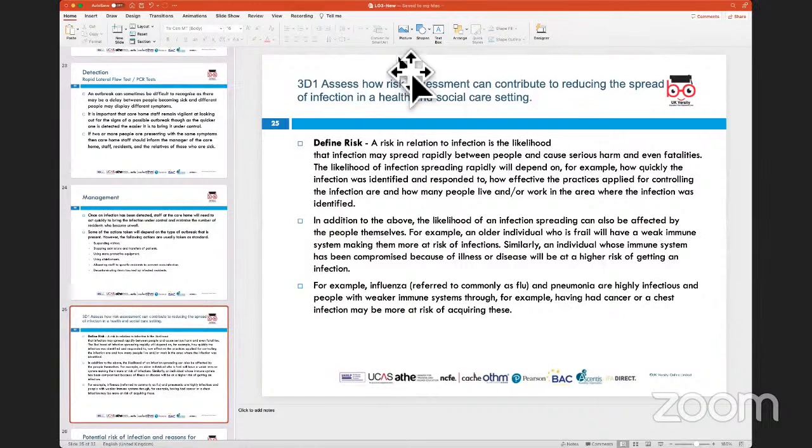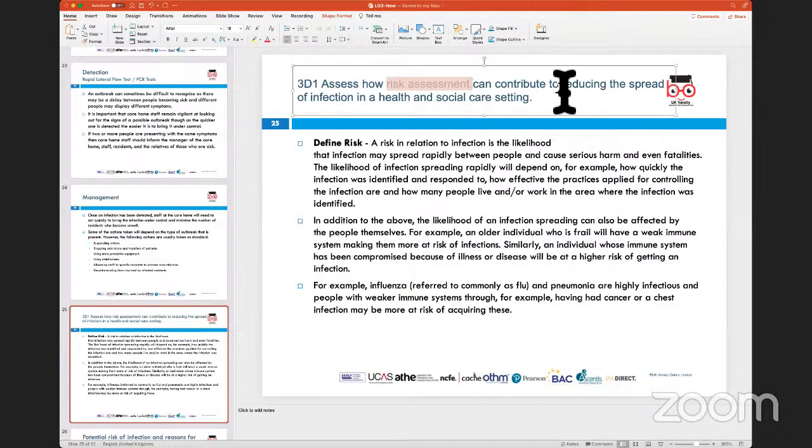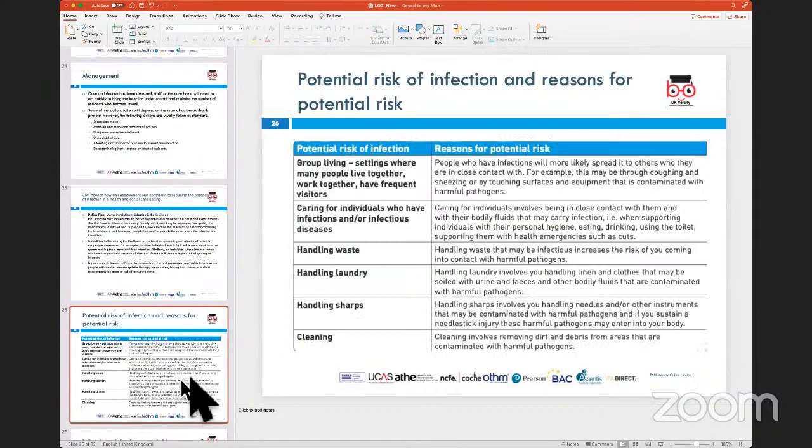We are going to be looking at assessing risk, which can contribute to reducing the spread of infection in a health and social care setting. Now, when we talk about how the infection spreads, we need to look at the reasons first, because it is talking about assessment. So you need to be able to explain the task first.